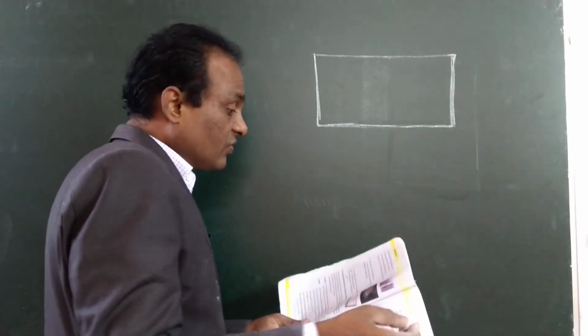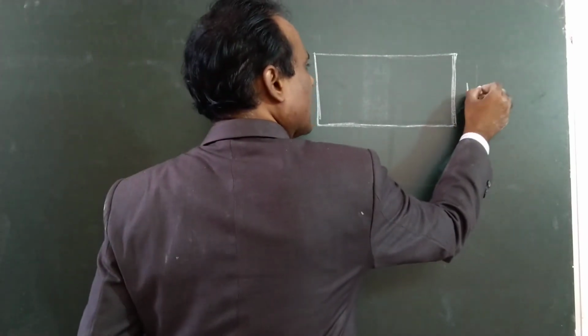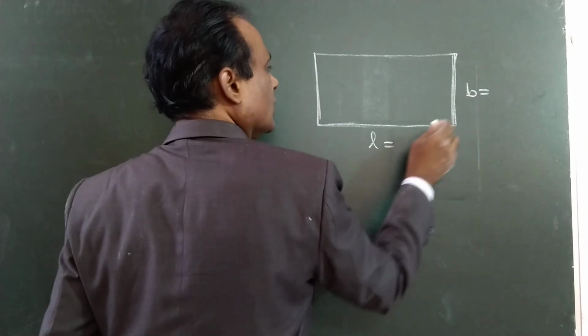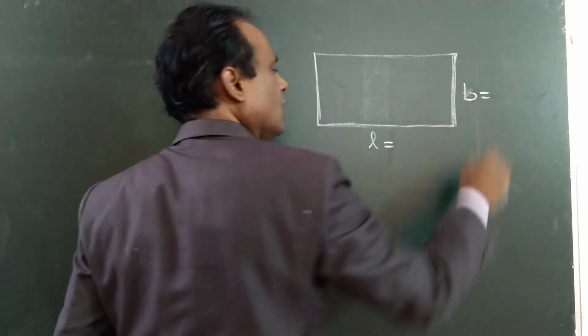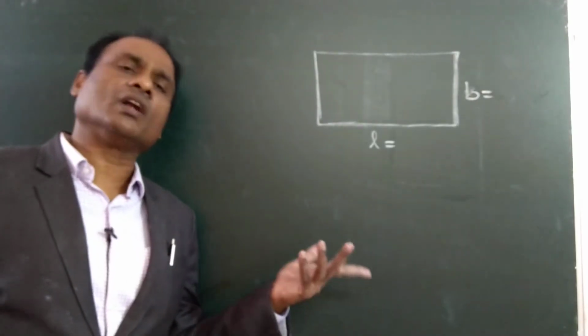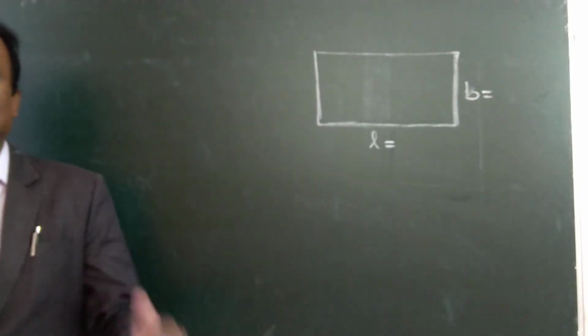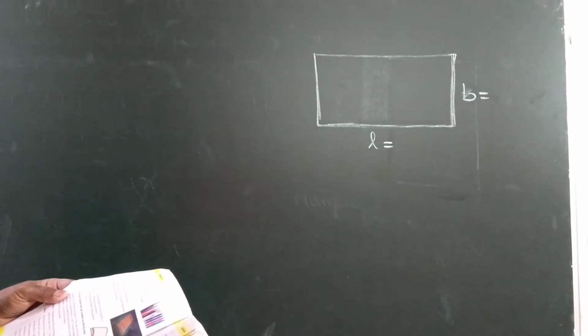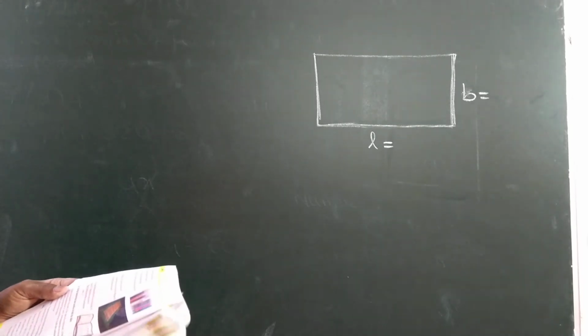Length is twice the width. Width or breadth, both are the same. Sometimes we call it breadth, sometimes width. Most of the time we call it breadth only. Length is twice the width.